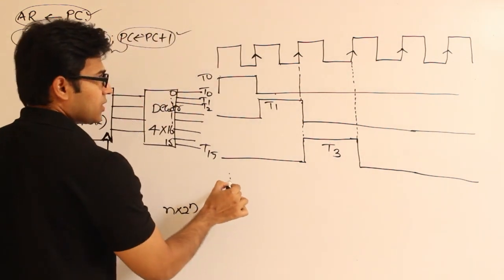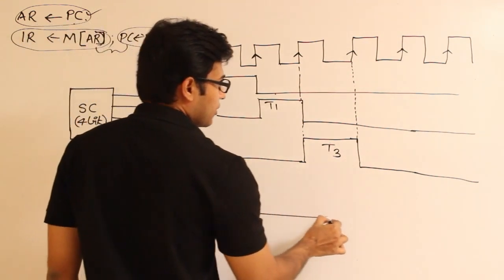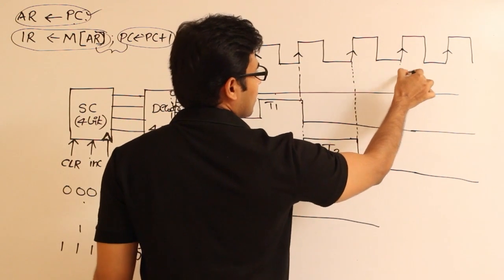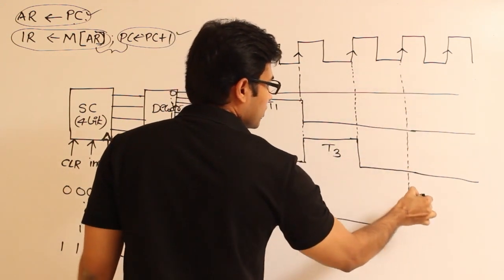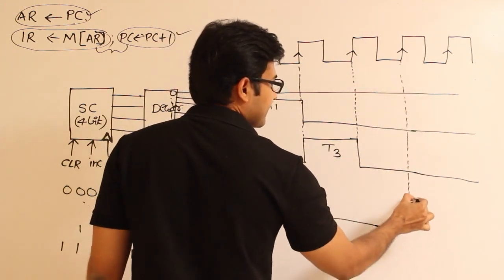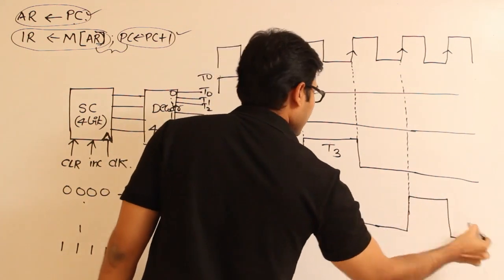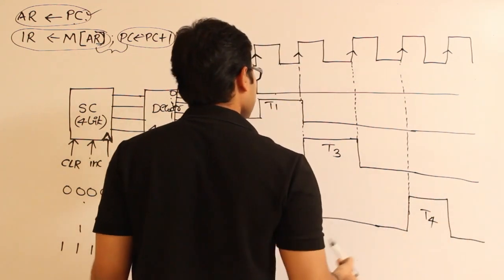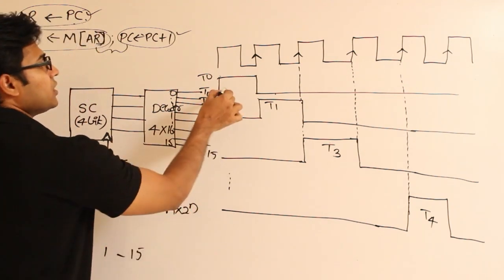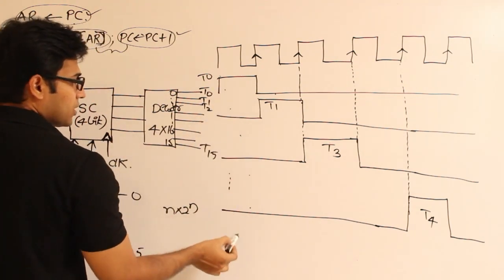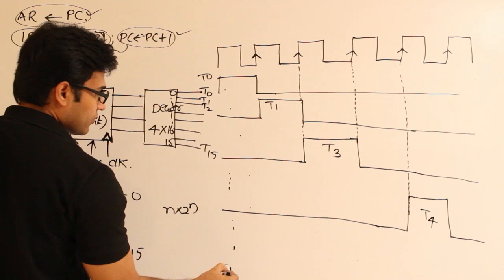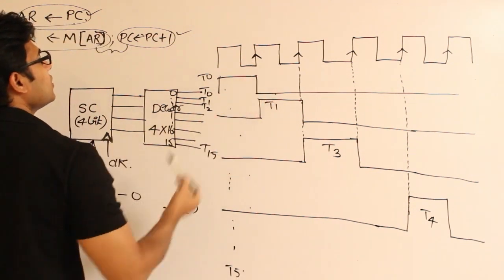And then for the next, fourth clock, T3 will be on, and so on. Got it? So T0, T1, T2, T3, T4, and so on, it goes till T15, and again T0 will start.